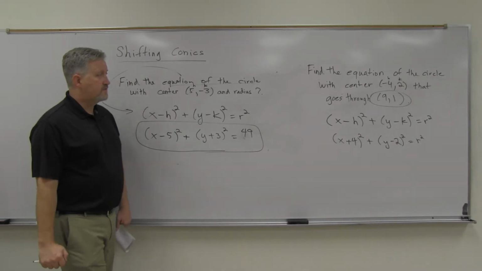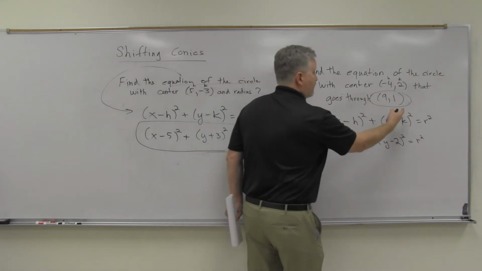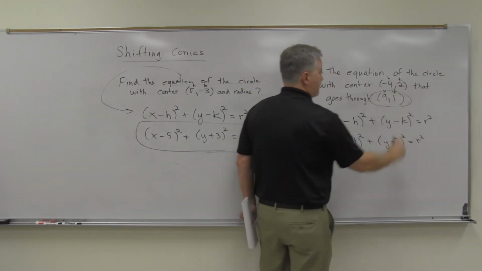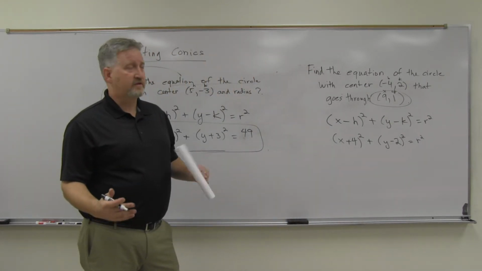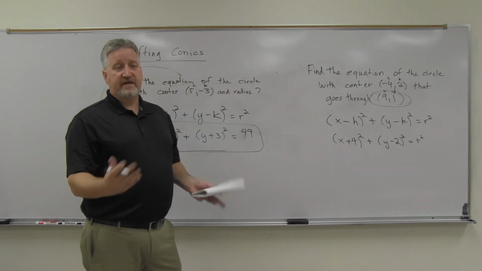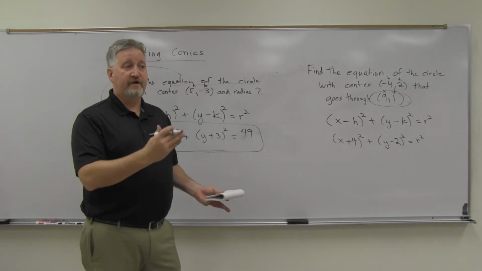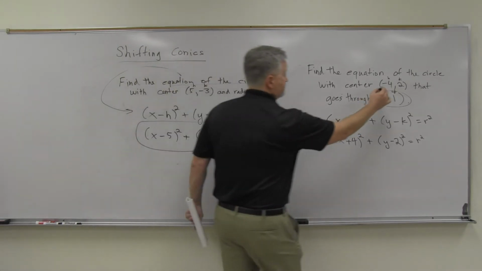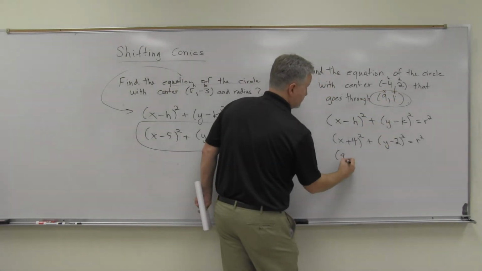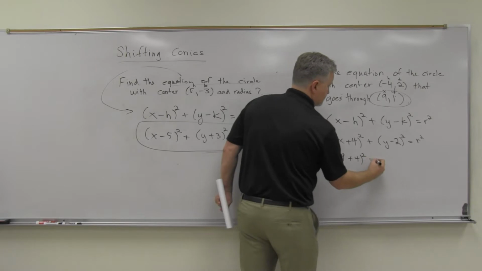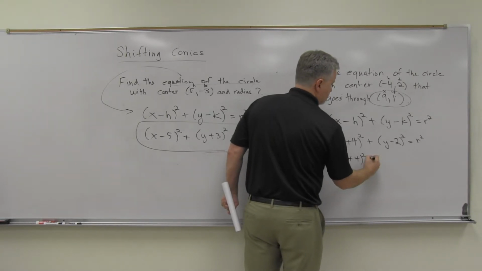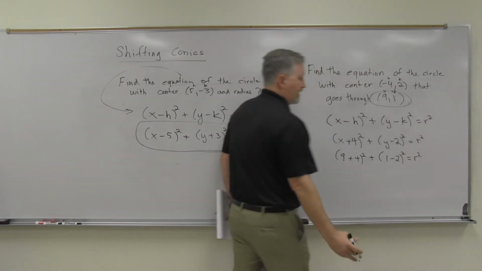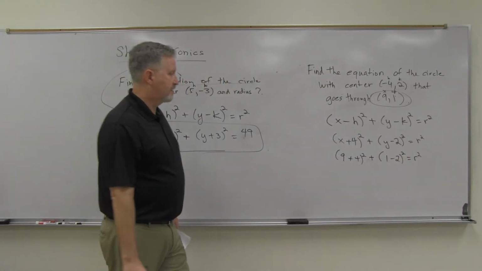One way to do this is, 9, 1, that's just an x comma y. We've kind of done this before, I think on the parabolas also. So can I plug those in for x and y and figure out the r here? Yeah. Plug this one in for x, plug that one in for y, and I can figure out r, actually r squared.